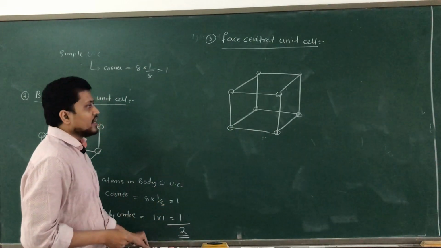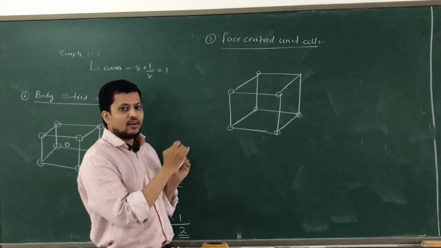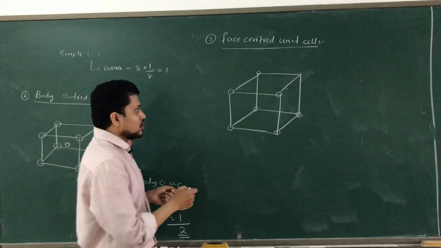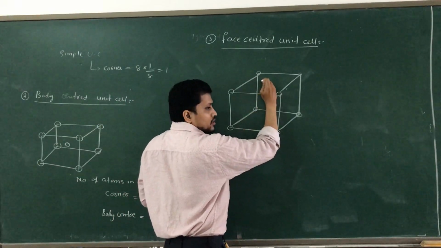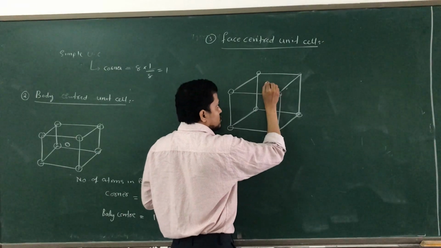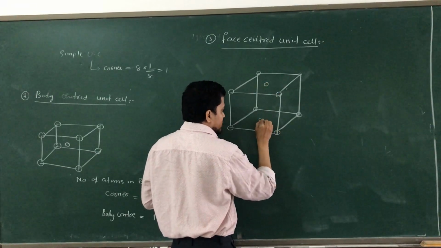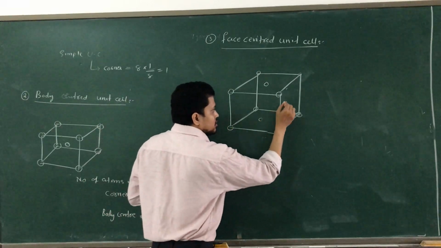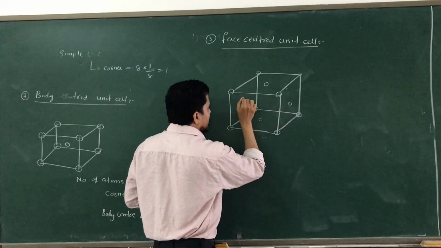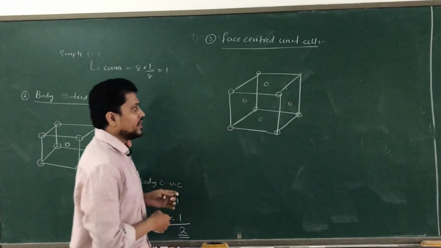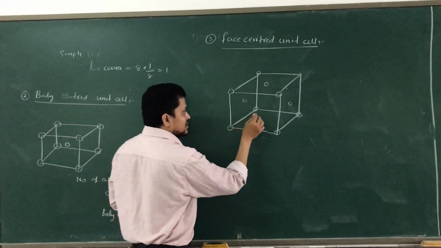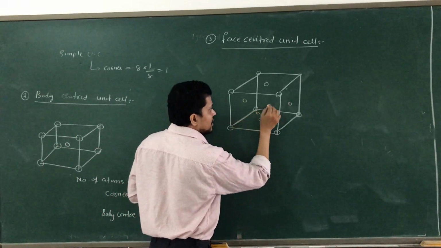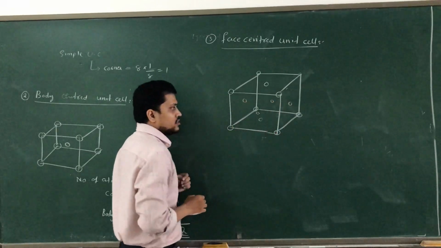Now on all the faces we have one atom. So how many faces we have? One is up and one is down. So this first face, this is second face. Then we have 2 sides. This side we have one atom and this side also we have one atom, right? And then we have a front face, and we have a back face.